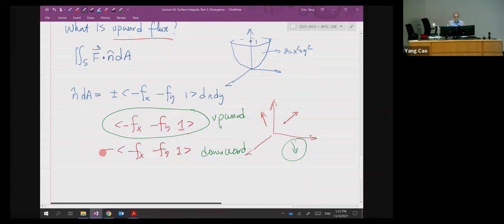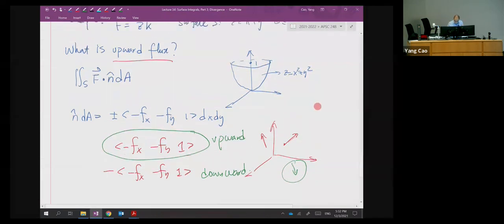Now, don't confuse this with an enclosed surface. When you have an enclosed surface, you have to tell things differently. For example, in this question, we're only referring to this parabola surface. Now, if a question says a surface consists of this top z equal to 1 plus the bottom paraboloid surface, then you're dealing with two surfaces.